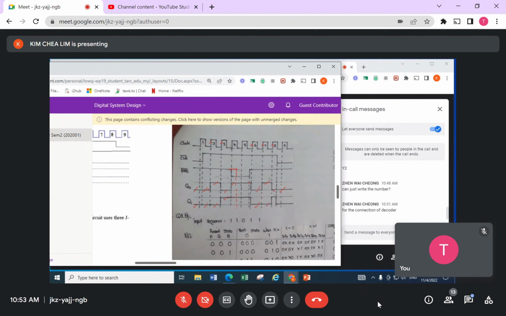Number 8, I see a 1 here, so I toggle. Then suddenly clear goes low, making my output here become 0. So correct. This waveform is perfect, except for this part here. Anyone with any questions?